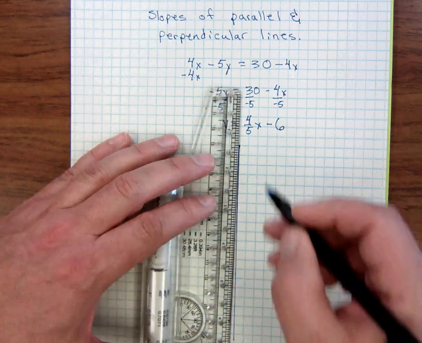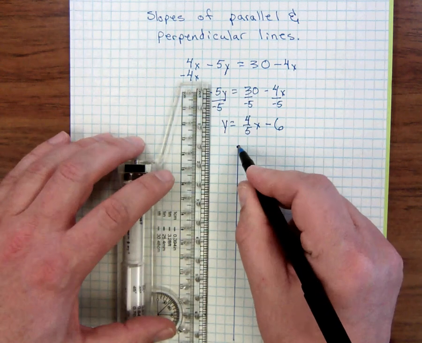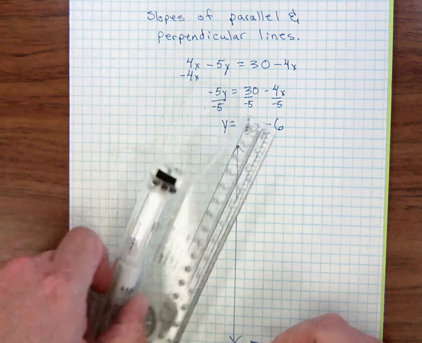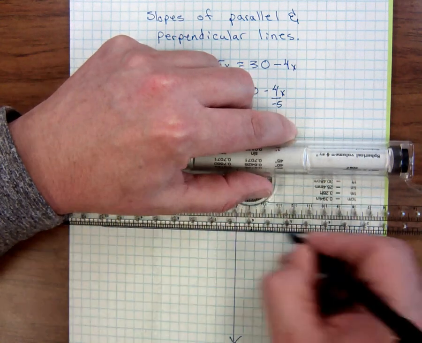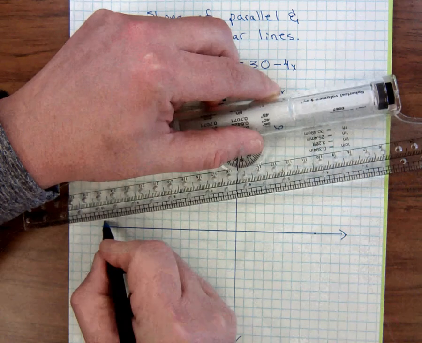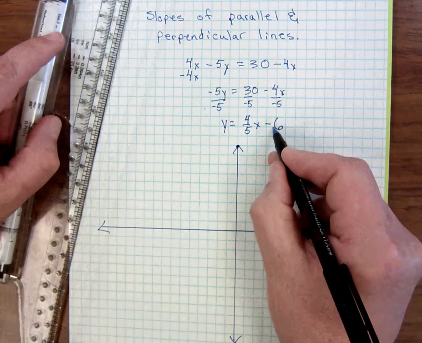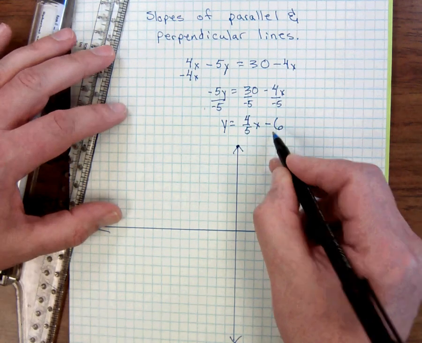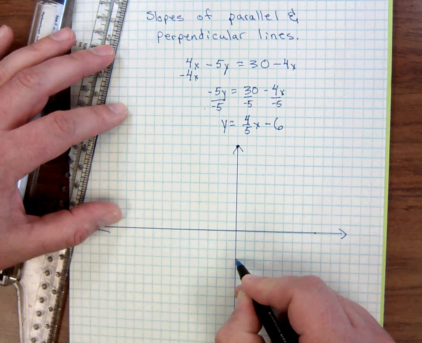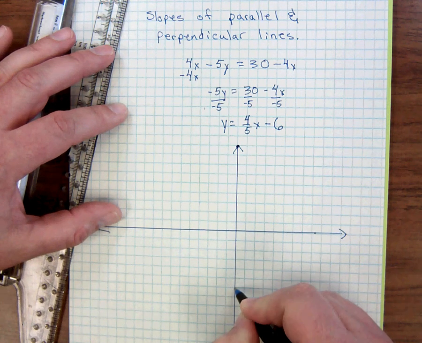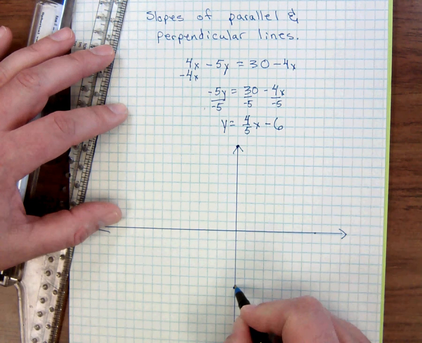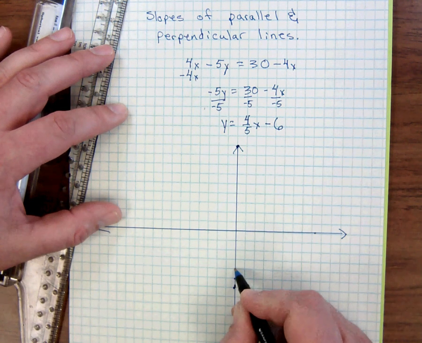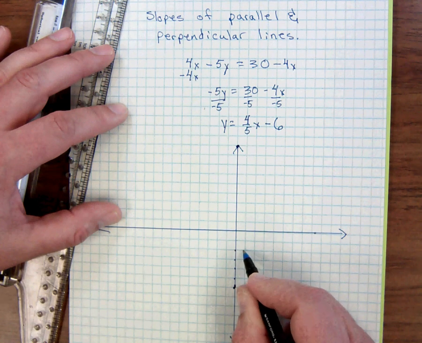We're going to graph this line. Our y-intercept is at negative 6. Our slope is 4/5, so we have a rise of 4 and a run of 5.